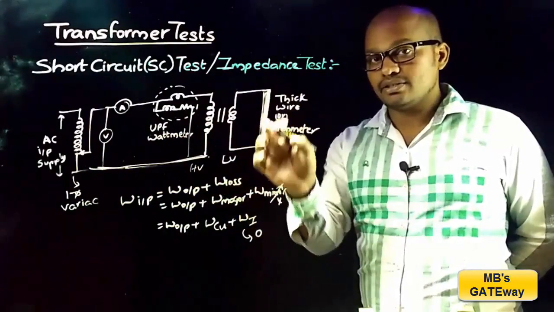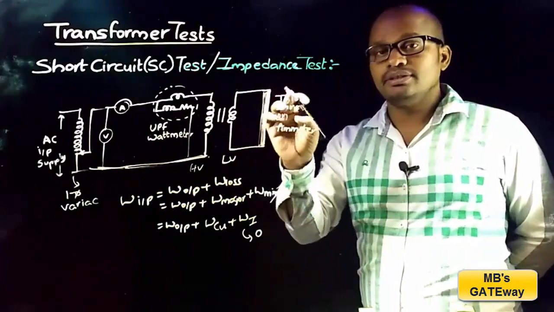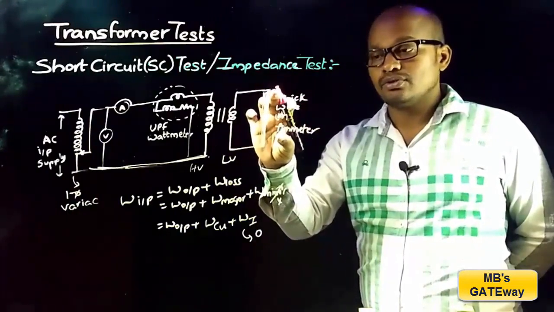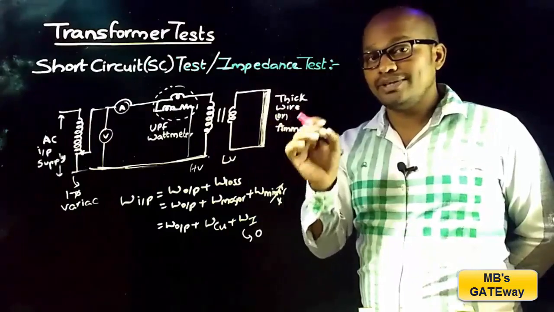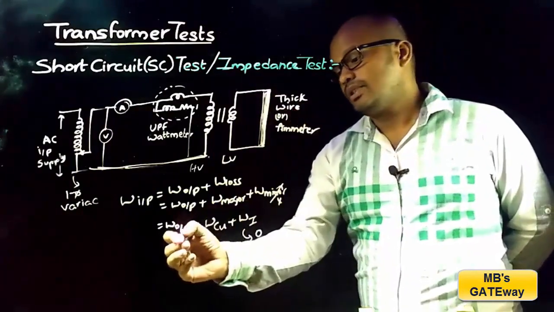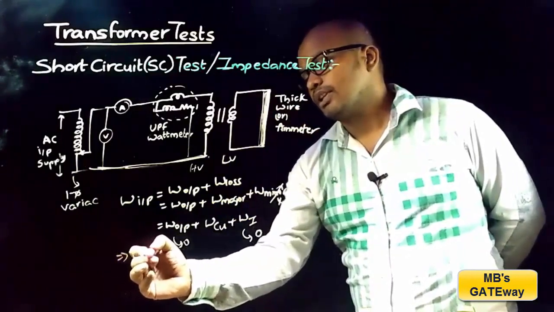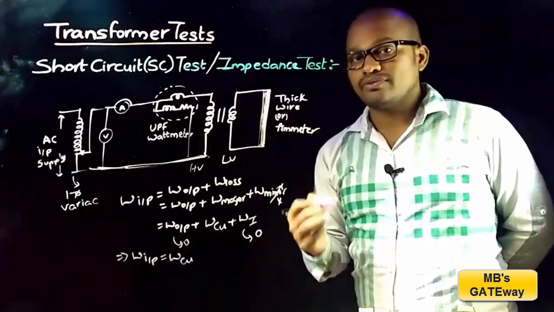And here in this short circuit test, the output terminals are short circuited through a thick wire, which means the terminal voltage V2 is 0. So terminal voltage V2 0 means the output power V2 I2 cos phi 2 is 0. So this is 0, which implies the total input power is equal to copper loss of the transformer.